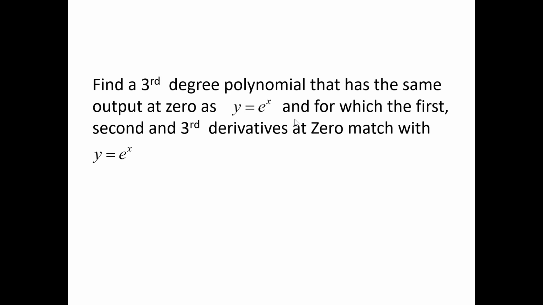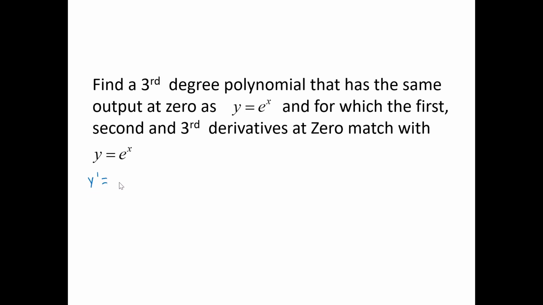So find a third degree polynomial that has the same output at 0 as y equals e to the x, for which the first, second, and third derivatives at 0 match with y equals e to the x. So you might want to try this on your own. It's a good time to maybe pause and get comfortable with what we're doing here, and then come back.